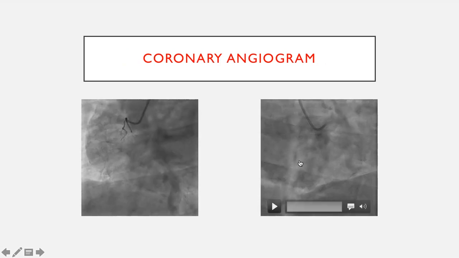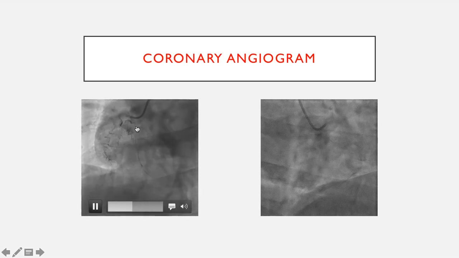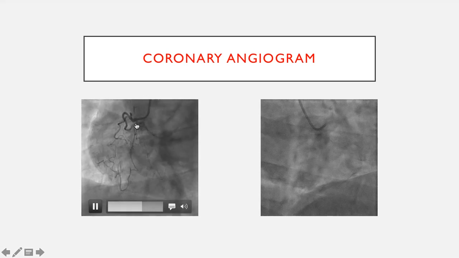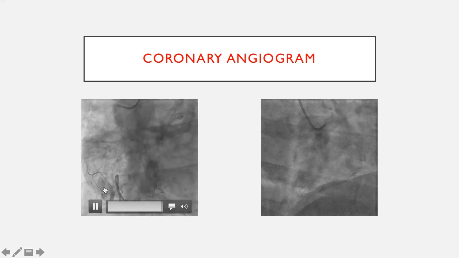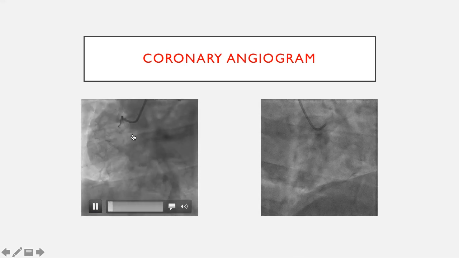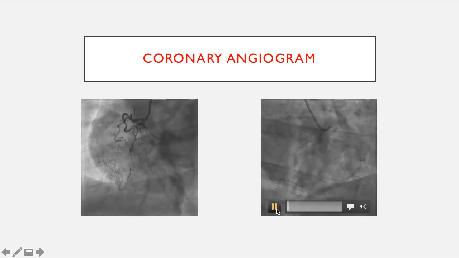This is the RCA showing total occlusion with a very short proximal stump and a CTO of significant length, and LCX is coming from the right sinus, almost close to the ostium of the RCA.